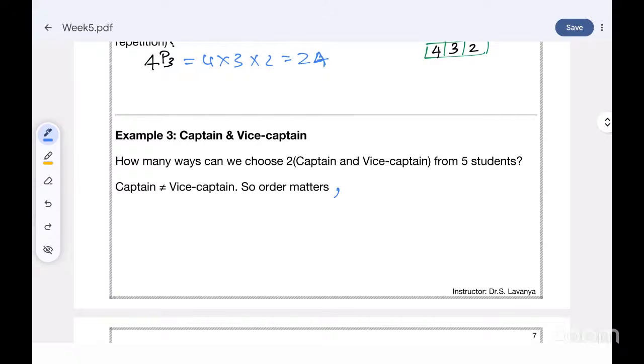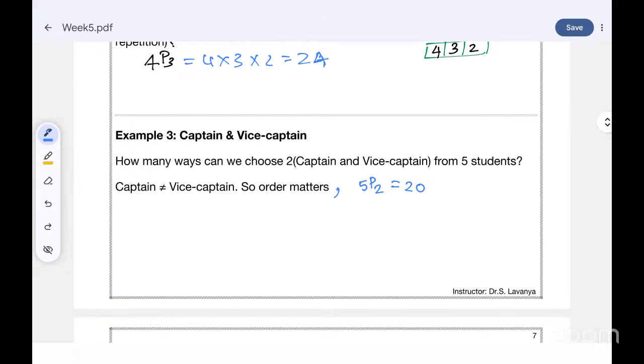Here we are looking at permutation, so it is 5P2. What is 5P2? Can you quickly calculate? 20. Good. So far everything clear, right?